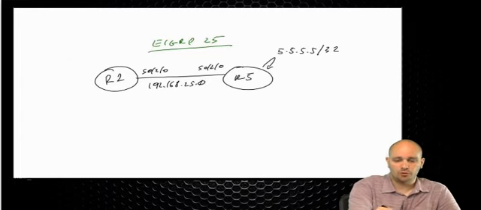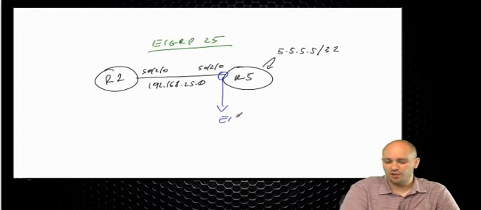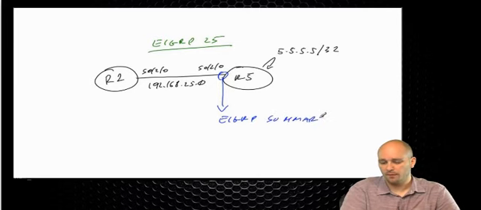So now what I'm going to do is configure on this interface here an EIGRP summary to summarize 5.0.0.0/8.